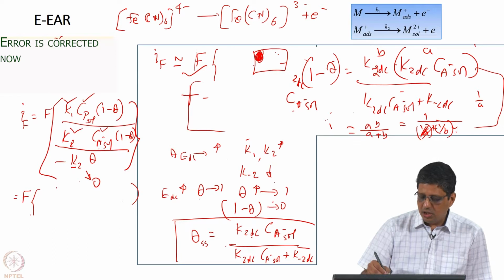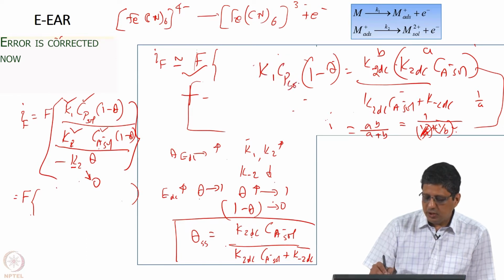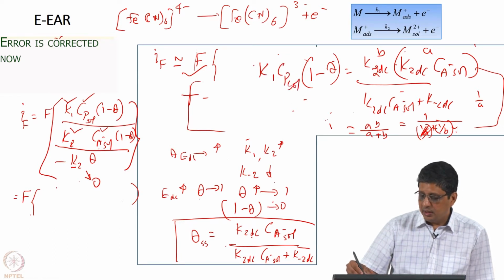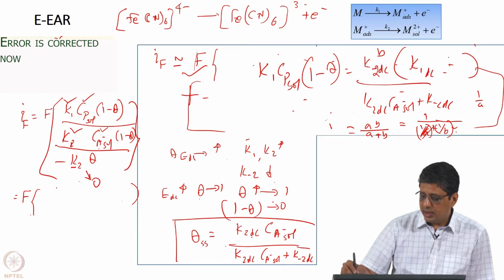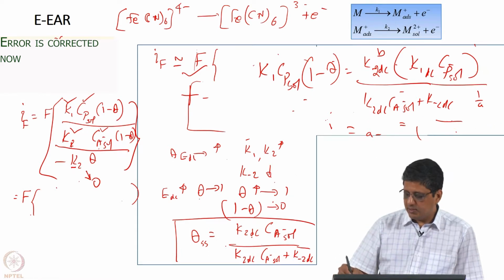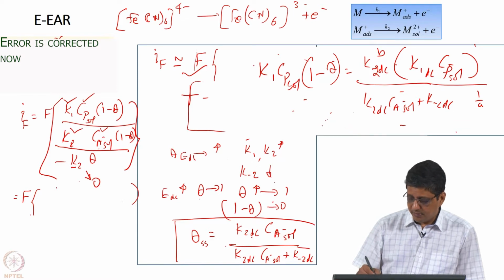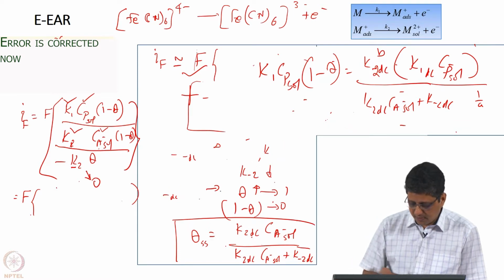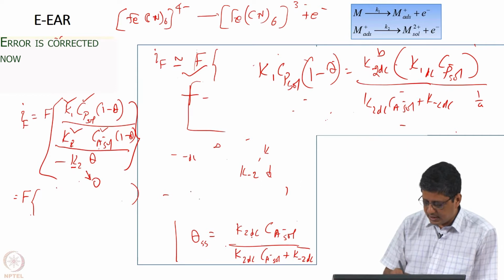First step is going to be K1 Cp solution 1 minus theta, and 1 minus theta is this term, K1 dc Cp solution is here. Here also we can divide by a similar expression. Let us see if I can get enough space here.